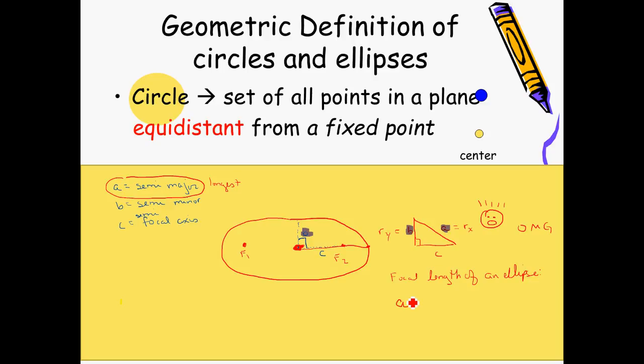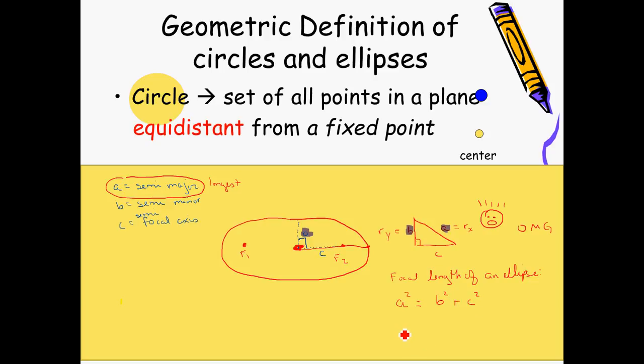The square of the hypotenuse in our triangle, A is the big boy on the block. A is the hypotenuse. The square of the hypotenuse is equal to the sum of the squares of what? The sides of the right triangle.